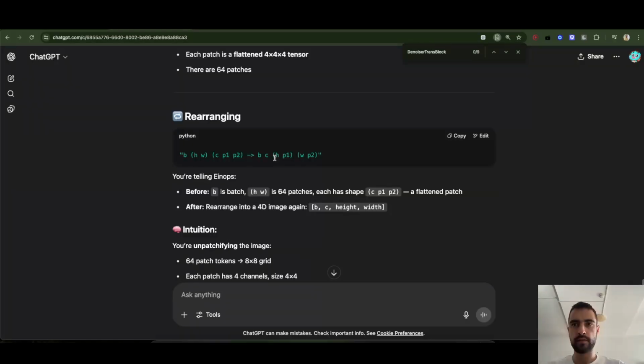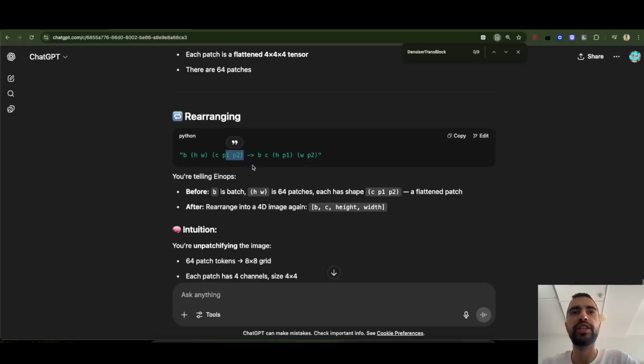Yeah. So we have batch size, number of patches, height, width is just number of patches, not the pixels. And then channels is 4, so red, green, blue, alpha, for example. And then patch dimension and patch dimension, width and height of the patch in pixels.